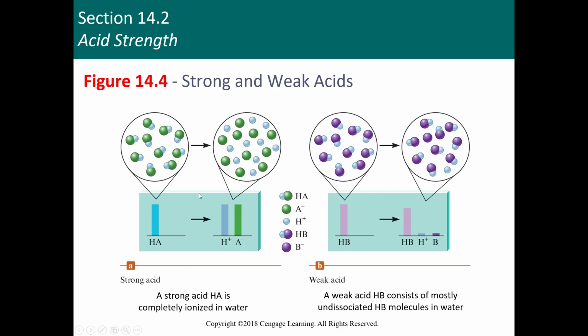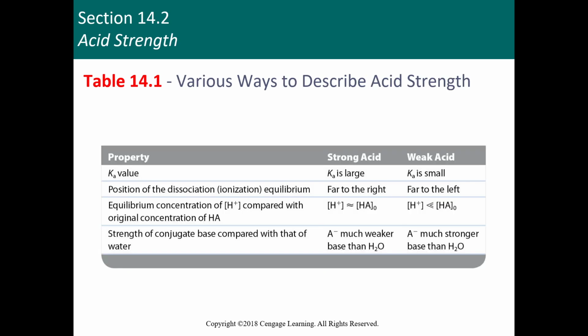A strong acid, again, is going to be nearly completely dissociated, whereas a weak acid will stay together, mostly be undissociated, which means most of it will stay together. So the various ways to describe your acid strength is right here. This has, in general, just what I just talked about in a nice tabular form.